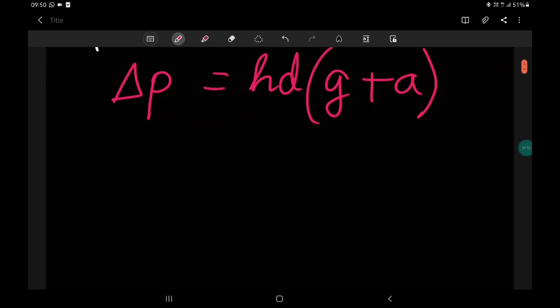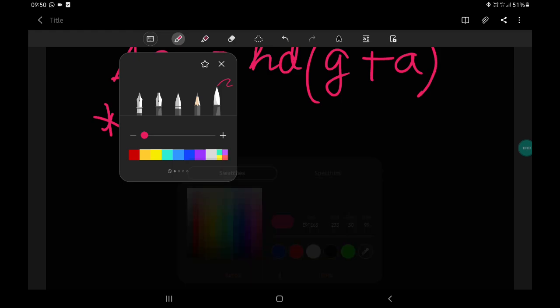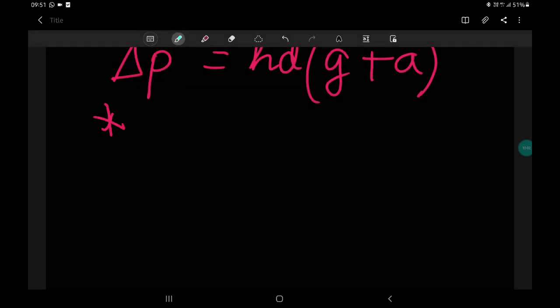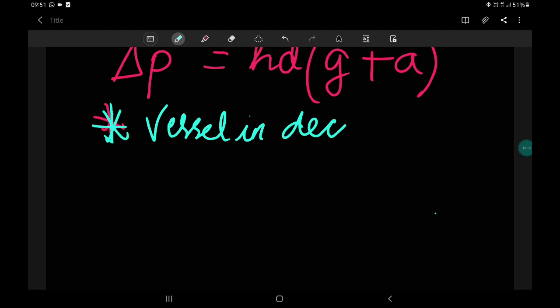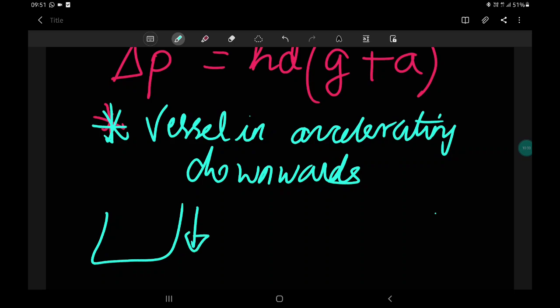Okay, that's it. Similarly, if the same application is asked as the vessel is accelerating downwards, meaning it is coming down, so this is your vessel, it is coming downwards like this.